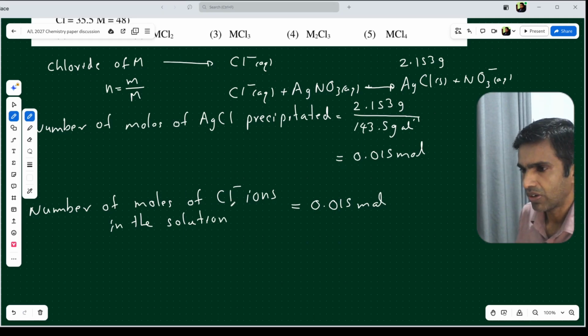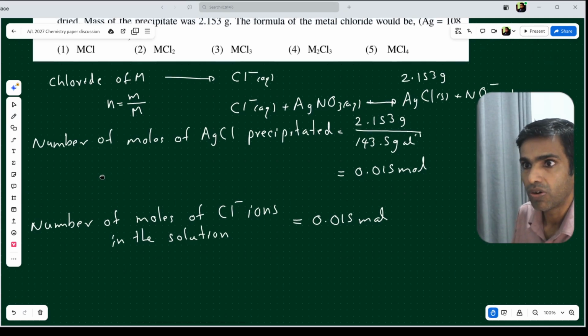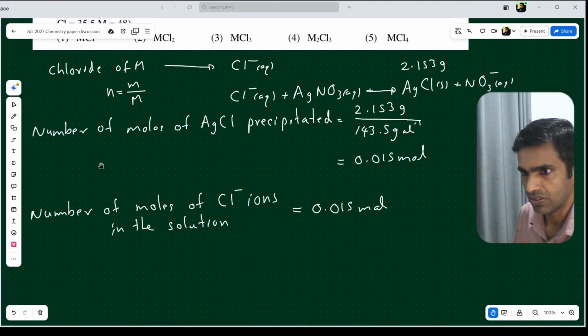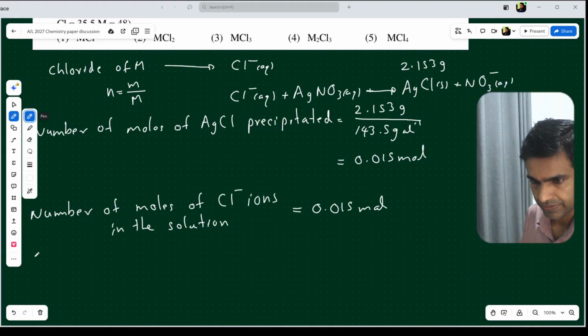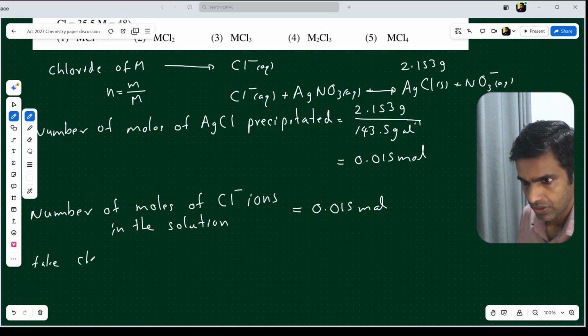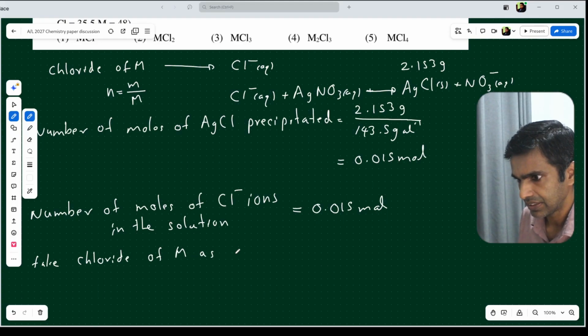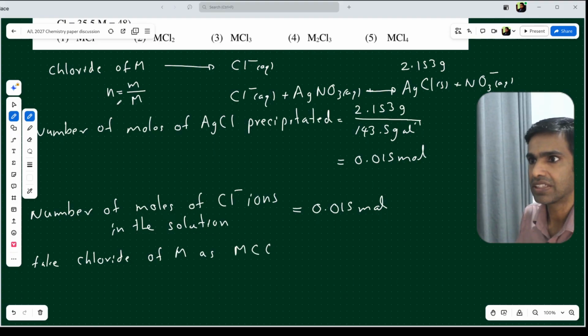So these chloride ions were formed by the chloride of M. So let's take the chloride of M as MCl. So that is the first answer given.